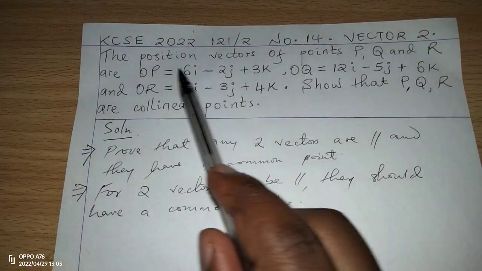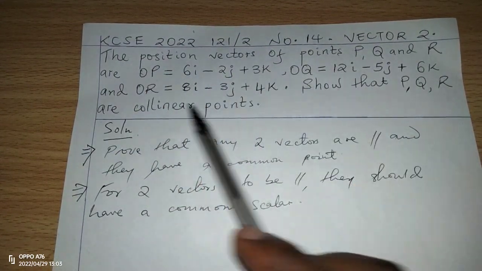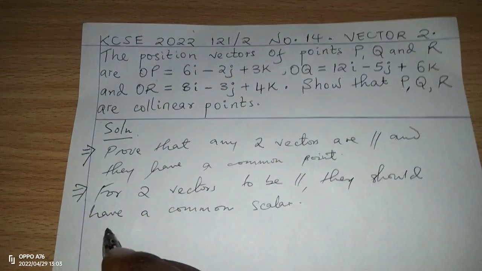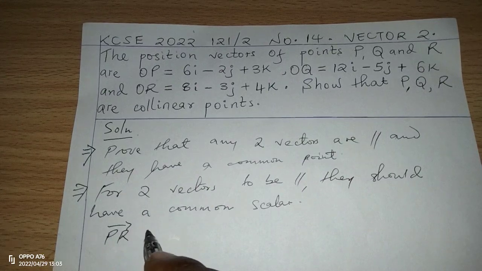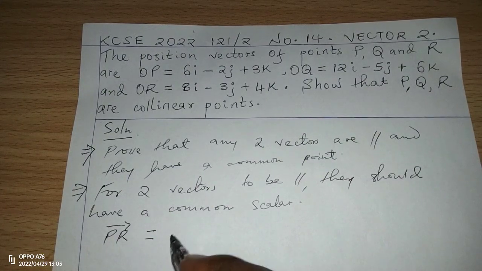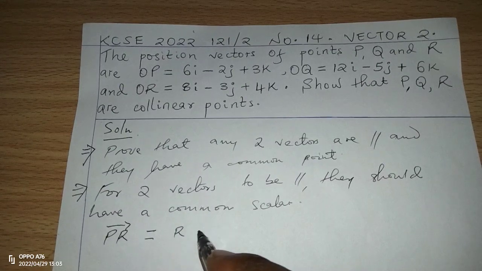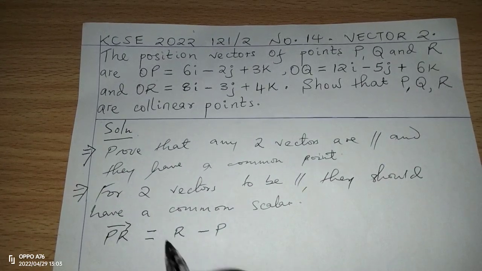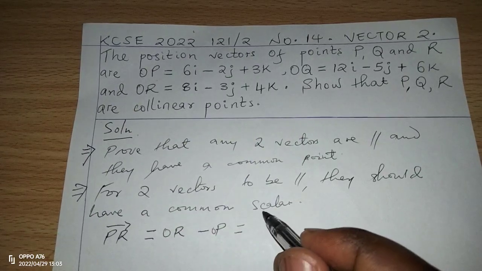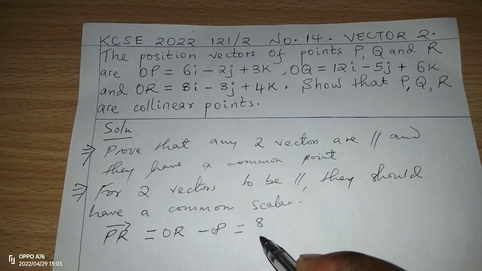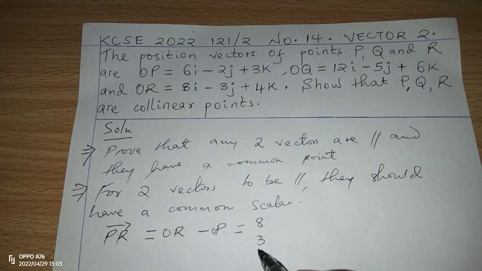We have OP, OQ, and OR. We can consider vectors like PR. And for us to find vector PR, we need to pick R minus P, or rather OR minus OP, which takes us to, when we take OR, we shall have 8, 3, and 4.